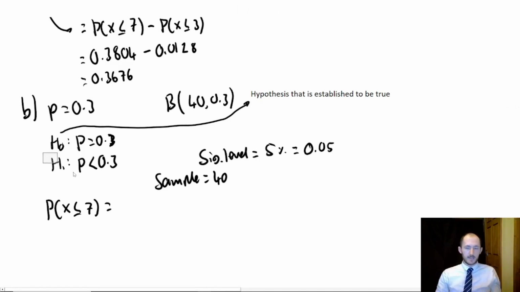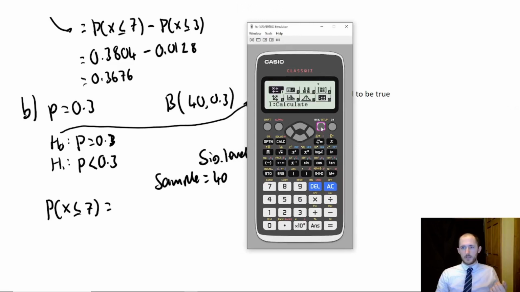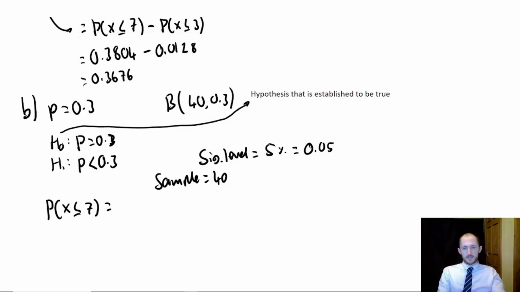So it's more likely that the probability's actually decreased. So, in your menu, distribution, binomial CD, variable, x is 7, n is 40, probability is 0.3, and we get 0.05528.